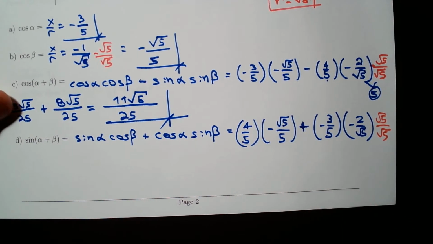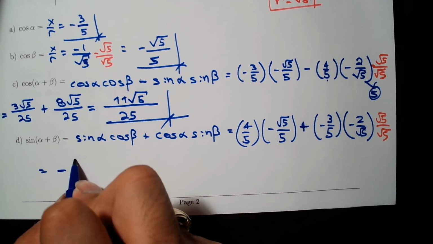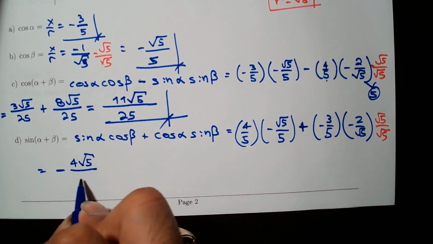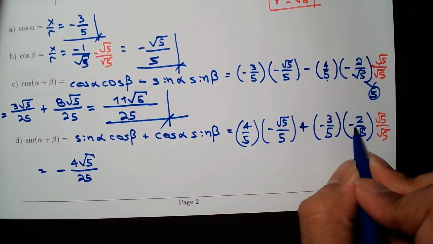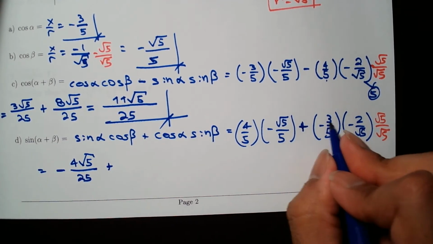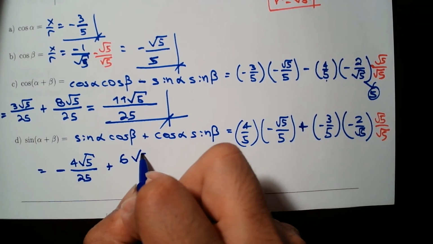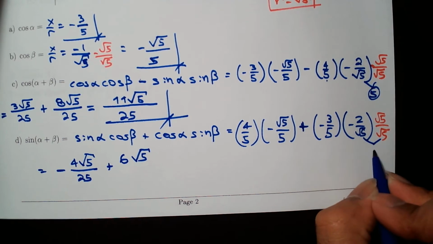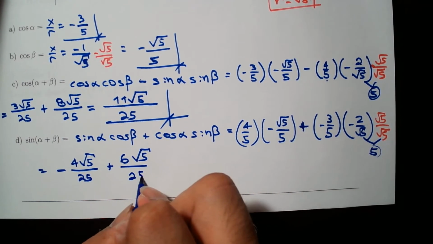So negative times a positive, it's going to be negative 4 root of 5 over 5 times 5, which is 25, plus negative times a negative, well, that's positive, and 3 times 2, which is 6 root of 5, and in this case, root of 5 times itself, that's going to be 5. 5 times 5, that's 25.